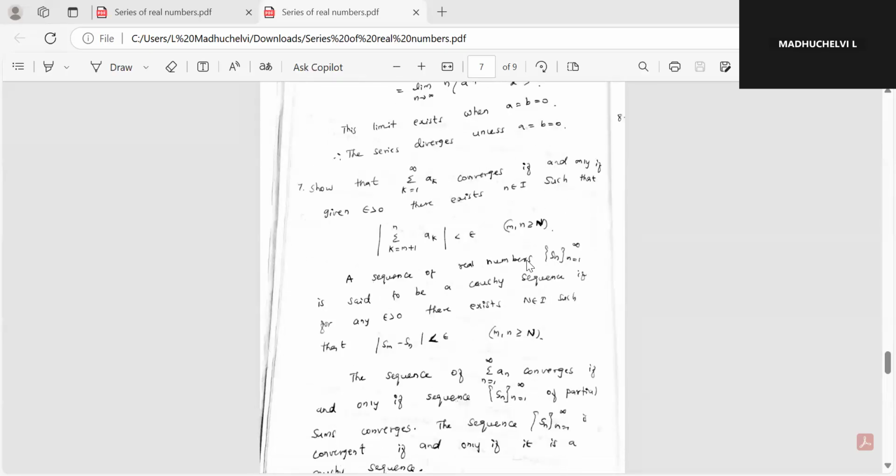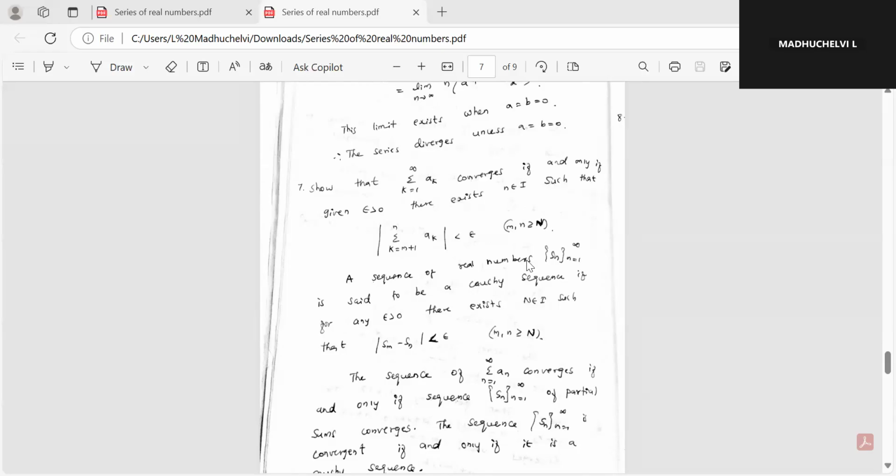Next problem: show that the summation k equals 1 to infinity of a_k converges if and only if, given epsilon greater than 0, there exists N belonging to I such that the modulus of the summation k equals m plus 1 to n of a_k is less than epsilon for all m, n greater than or equal to N. The solution: a sequence of real numbers S_n, n equals 1 to infinity, is said to be a Cauchy sequence.